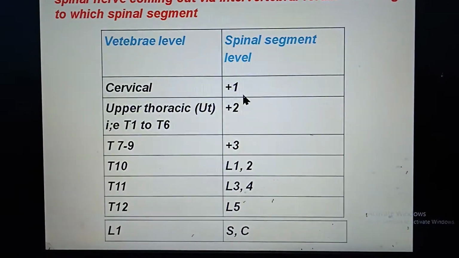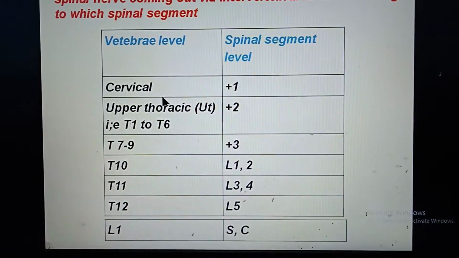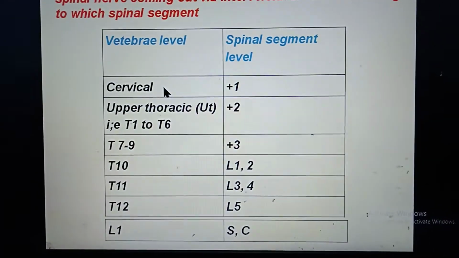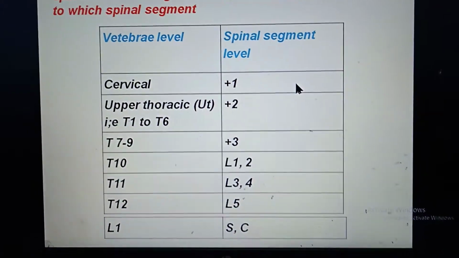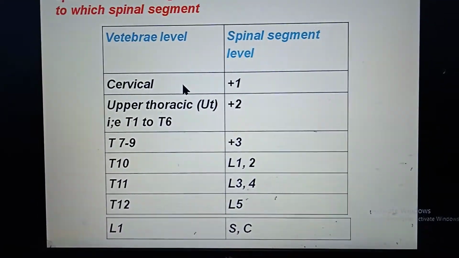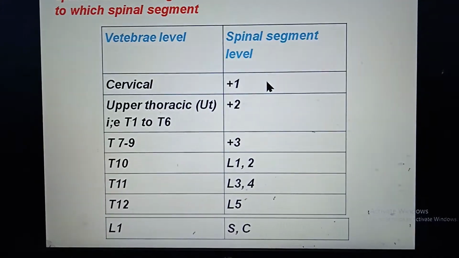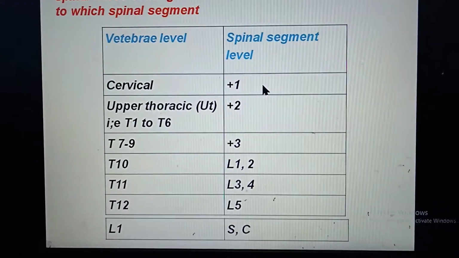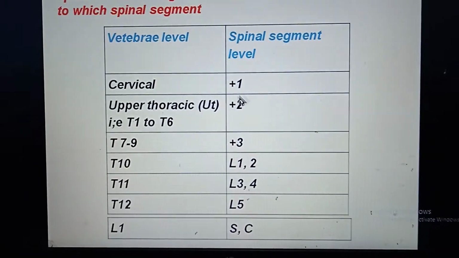Suppose C1, that is upper cervical, so +0. C1 houses the C1 spinal segment. But if it is C6, you have to add +1, so the C6 vertebra houses the C7 spinal segment.